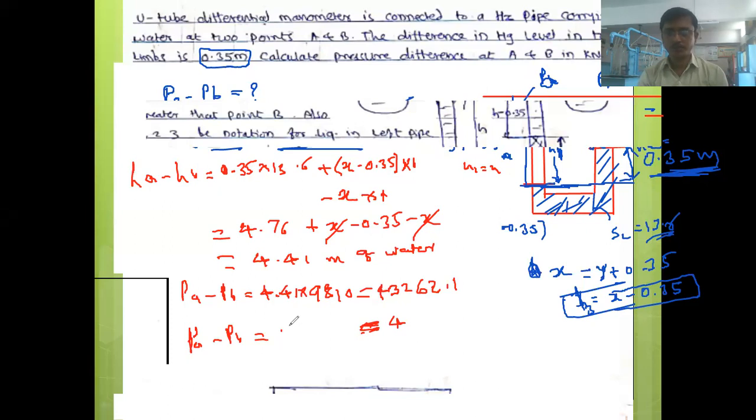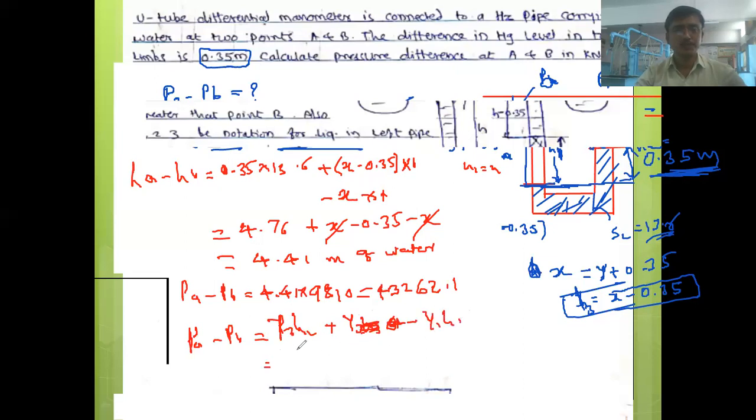Correct. In the previous problem, that part remained because here the formula was gamma 2 H2 plus gamma 3 H3 minus gamma 1 H1.